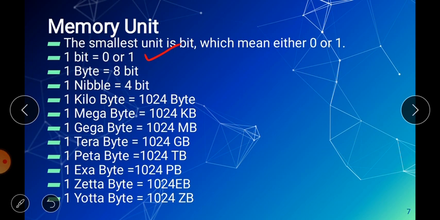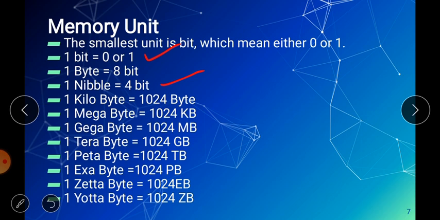After the bit there is another term called nibble. One nibble is equal to 4 bits, and this is only for knowledge, as the term nibble has no use in the future. You only have to know what a nibble is. A nibble is a collection of 4 bits.